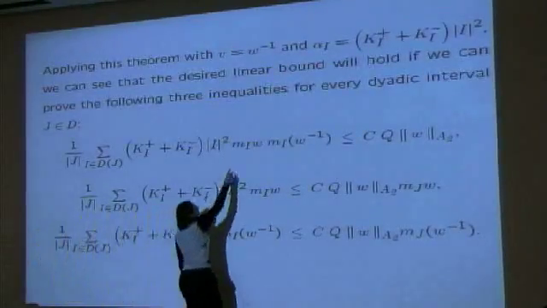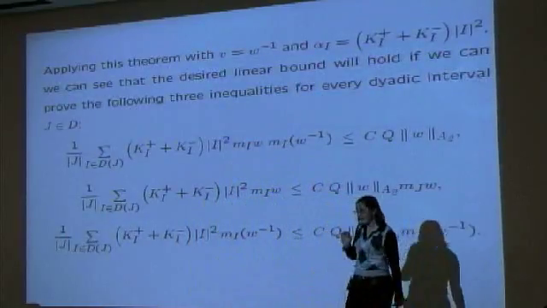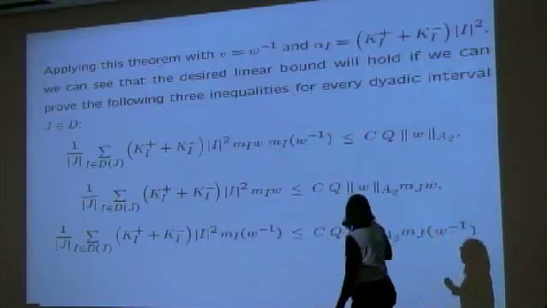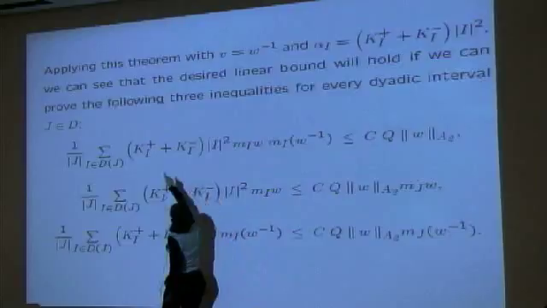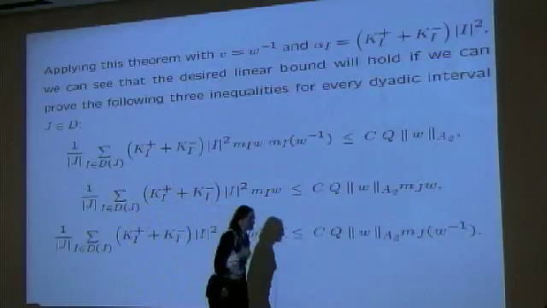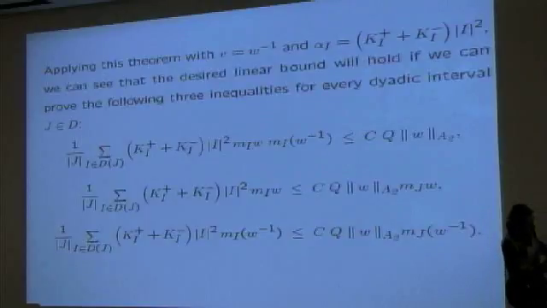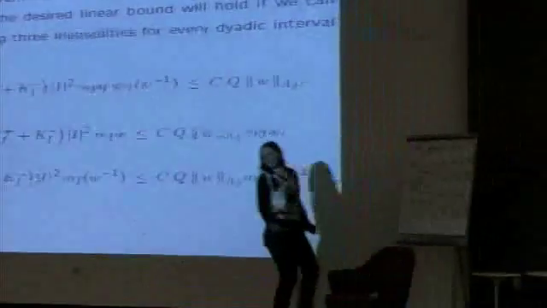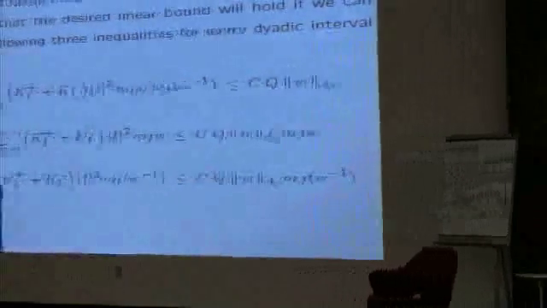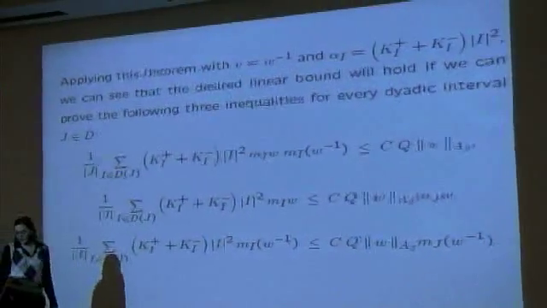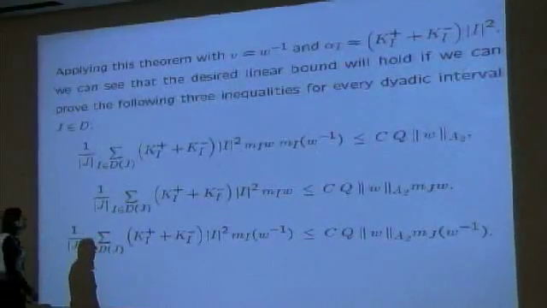Because what stands here is the A2 constant of the weight W. And the sum of k_I plus plus k_I minus times the length of I squared is bounded by my weak boundedness properties, or my testing conditions, the assumptions on the operator T from the very beginning, right?